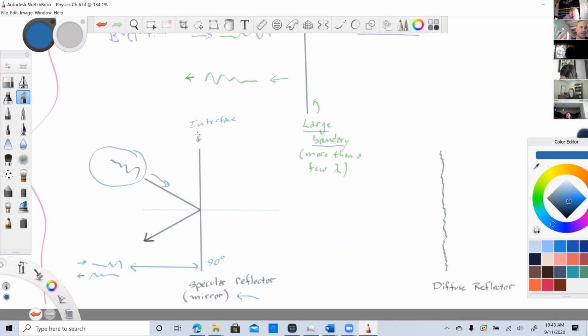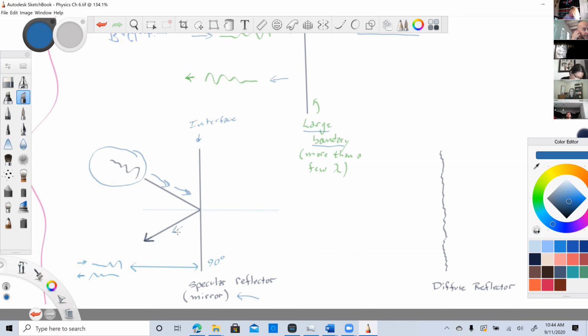But a specular reflector is really special. It has properties in the tissue itself that make it very smooth to ultrasound, kind of like a mirror is smooth. In a mirror, if we shine a beam, like a laser beam, at an angle to that mirror, it's going to come off at an angle.